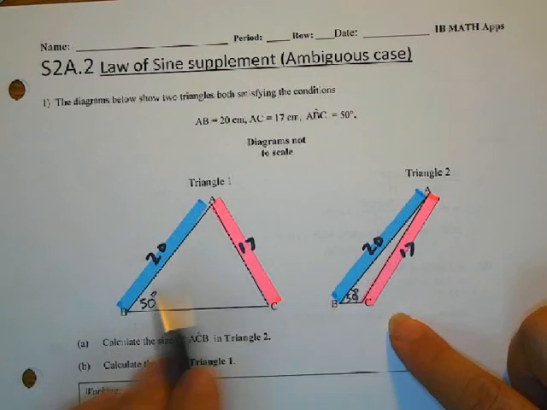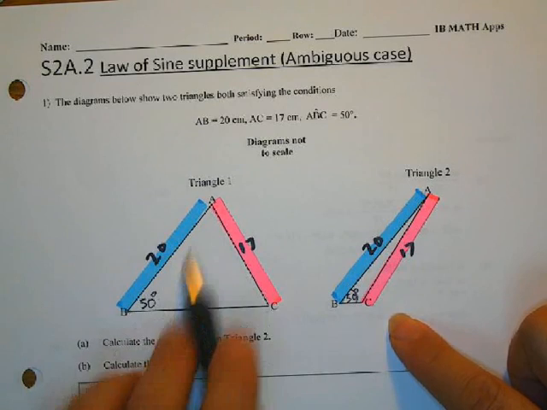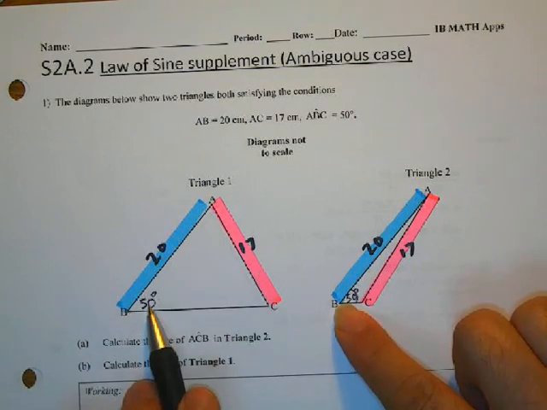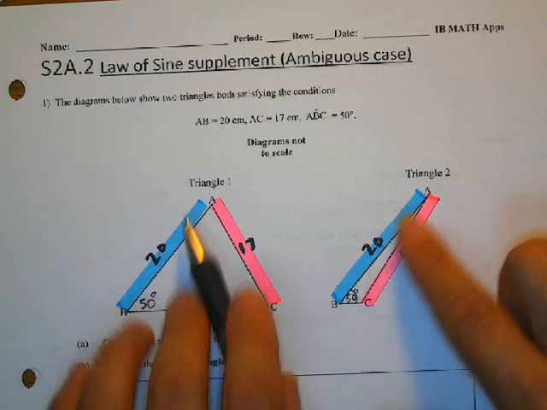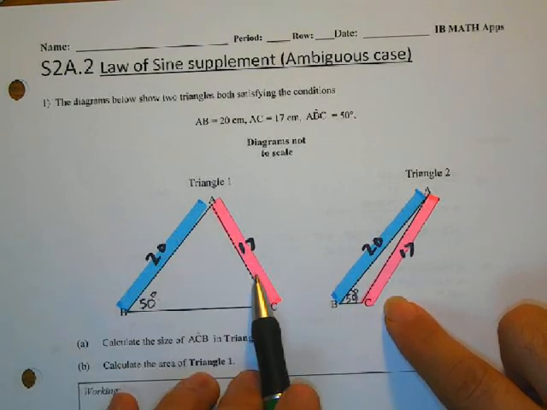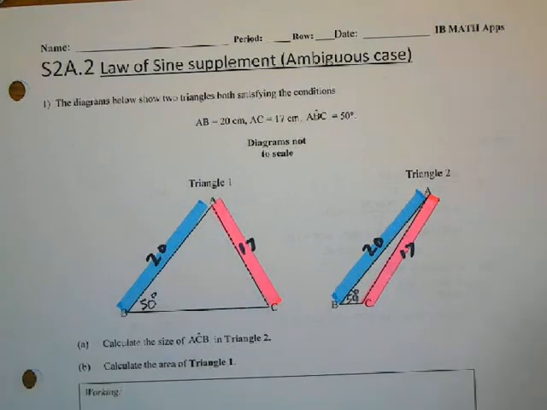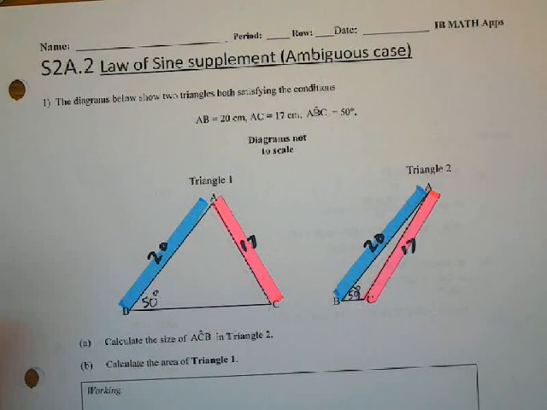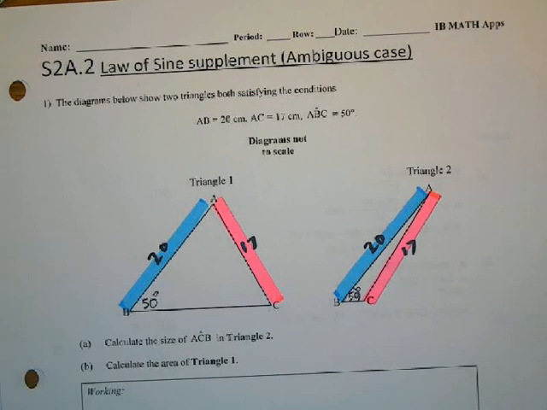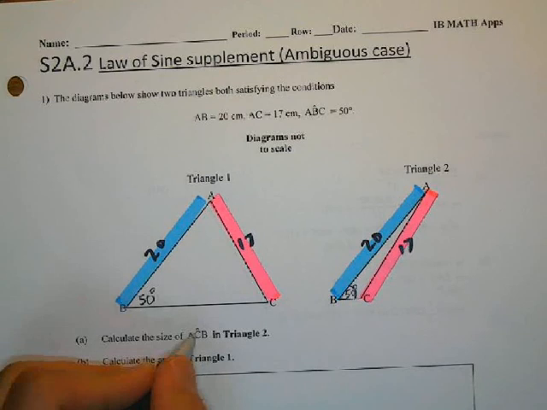They clearly don't look the same, but they have congruent angles and two congruent sides. So when you have angle side side, this is an example where you don't have congruent triangles. But let's try to solve for the size of angle C.